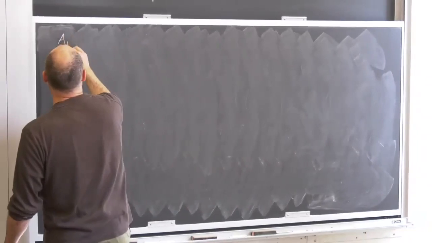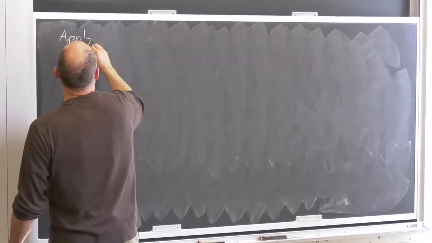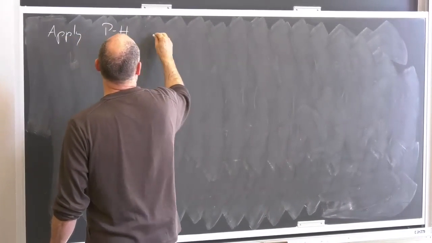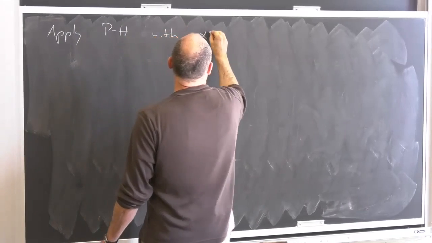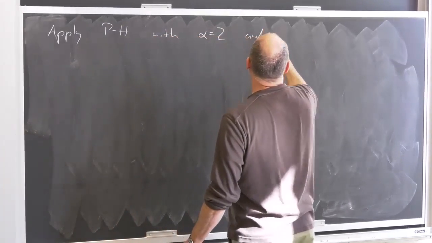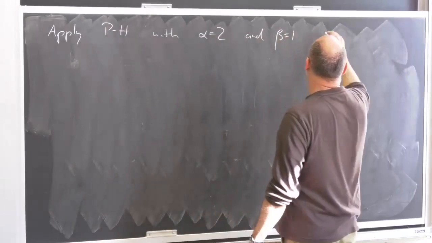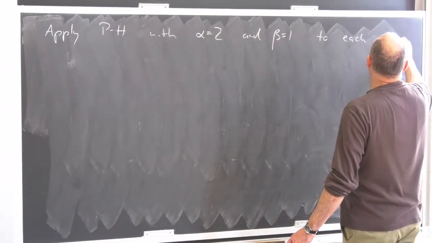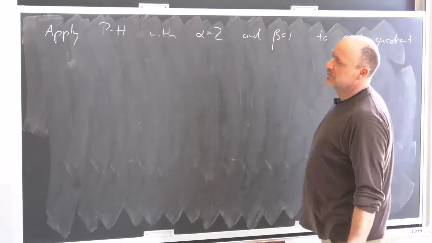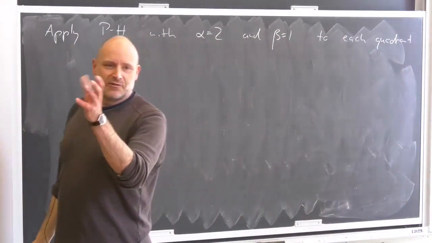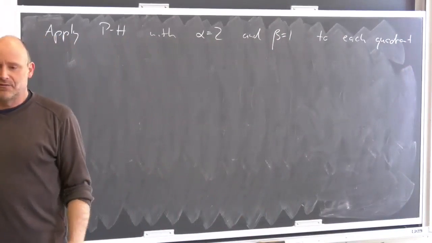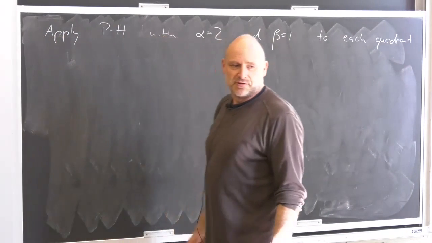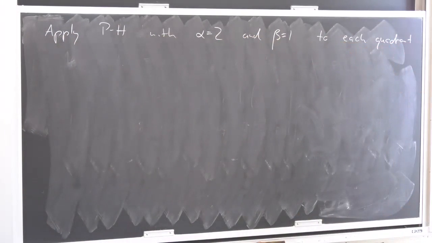So apply the Phragmén-Lindelöf principle with alpha equal to 2 and beta equal to 1 to each quadrant. The idea is that you can rotate this quadrant, and rotation is just multiplication by a complex constant, so that the sector is symmetric about the real axis.